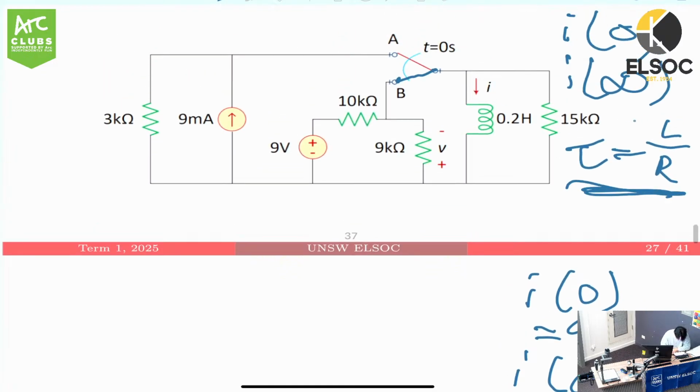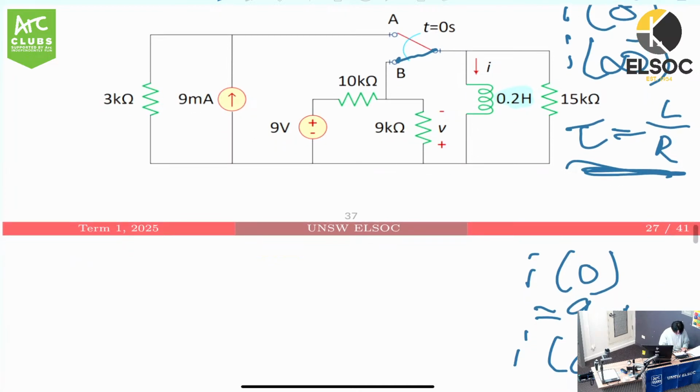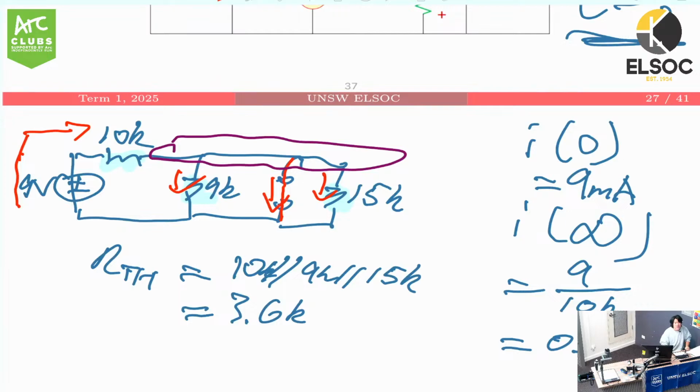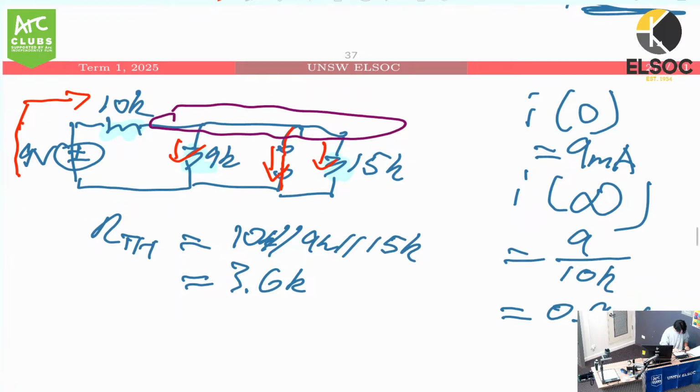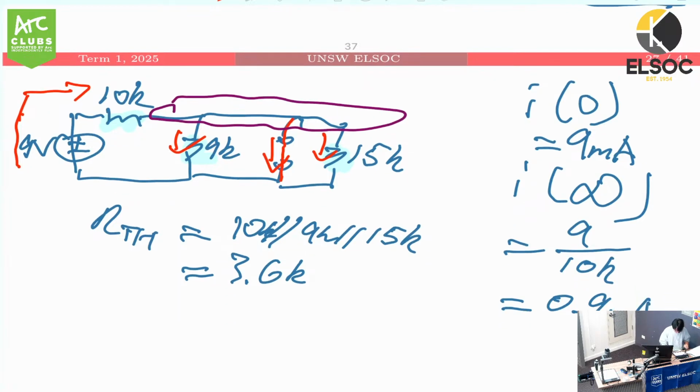We've already been given the inductance L, which is 0.2. So all we need to find is the equivalent resistance after the switch has turned to 2. Any other questions regarding how we got these three values?